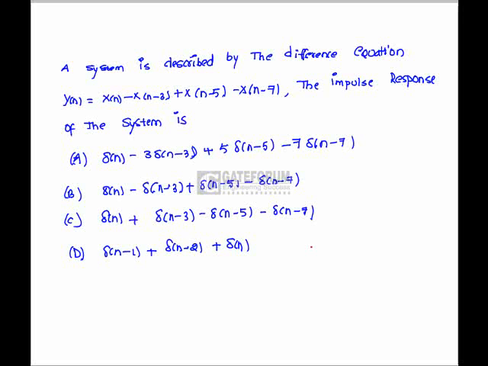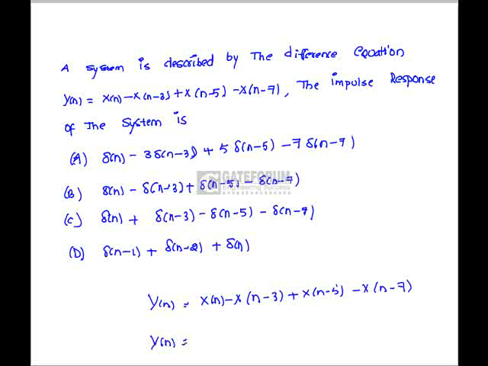A system is described by the difference equation y(n) = x(n) − x(n−3) + x(n−5) − x(n−7). The impulse response of the system is, here y(n) is nothing but h(n) convolved with x(n).